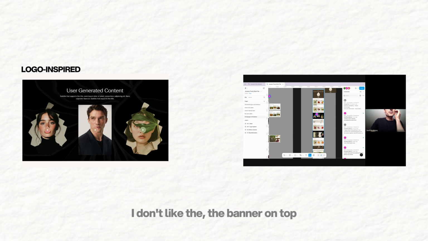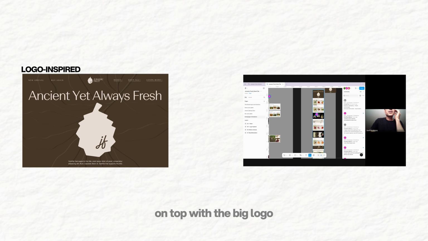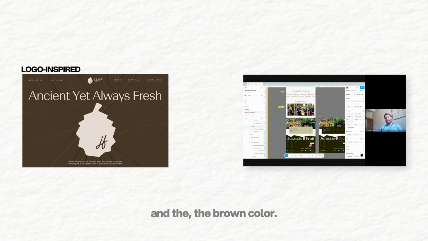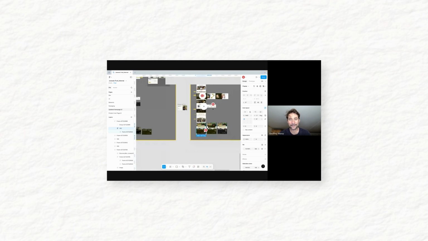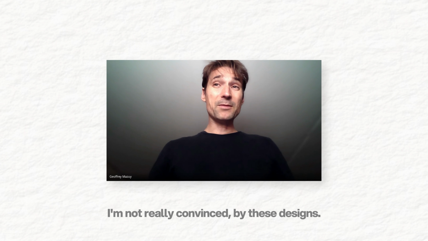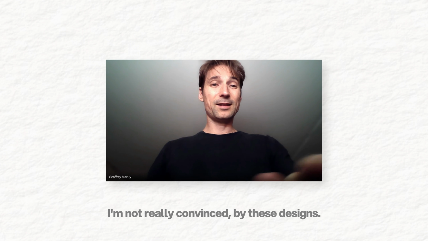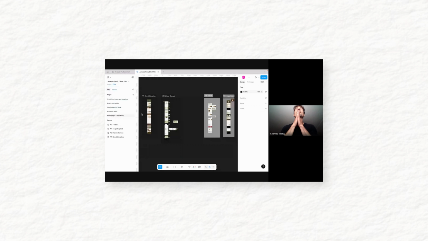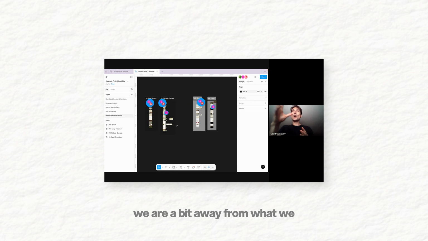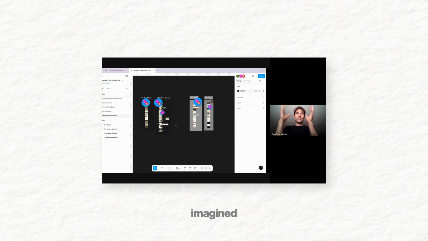I don't like the banner also on top with the big logo and the brown color. I don't like that. So I'm not really convinced by these designs, and we are a bit away from what we imagined.